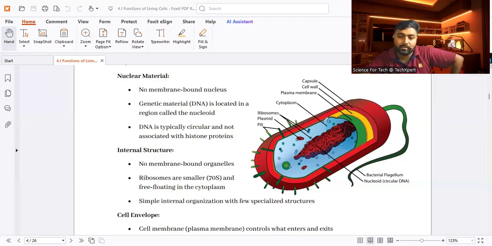Such organelles can be seen in a cell, no? Within that cell, these cellular structures are embedded in this cytoplasm. Embedded in this cytoplasm. Understood?